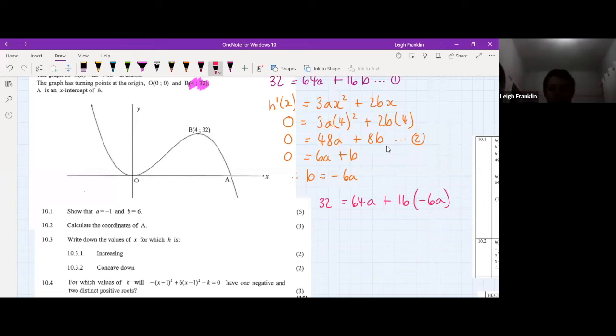So now we've got 32 is equal to 64a, and 16 times 6 gives us 96, so -96a. And 64 minus 96 leaves us with -32a. Now we can see where the -a for 1 comes from. Does that make sense to everybody?